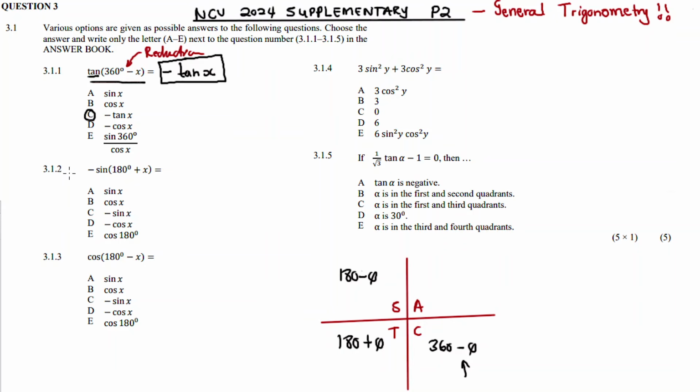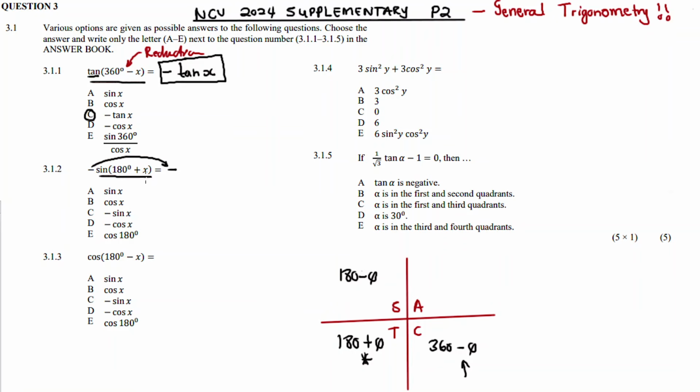For 3.1.2, we have a minus sine(180° + x). Where is 180 plus found? In the third quadrant. So the negative sign remains, and then we focus on sine(180° + x).